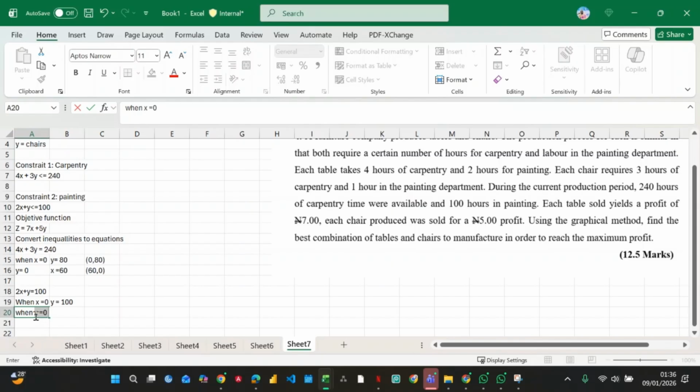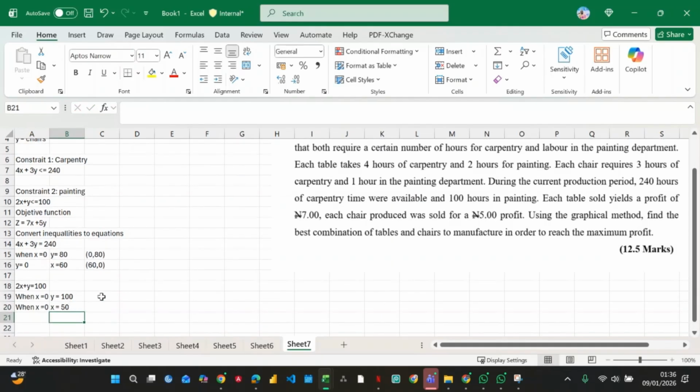So when y is now equal to 0, then x is what? 100 divided by 2, that is 50.